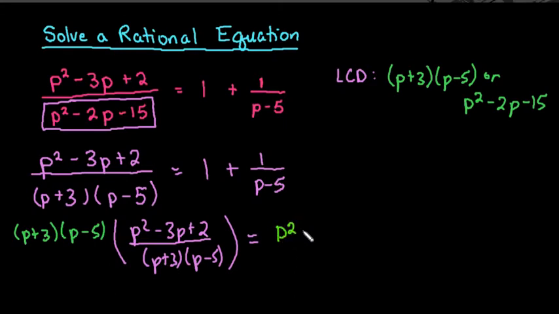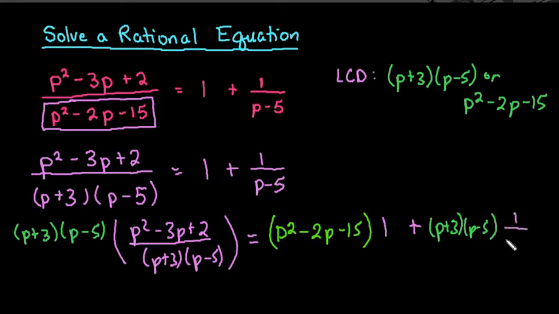Plus, because this one has a denominator, I'm going to go back to the factored form, p plus 3 times p minus 5, and multiply that by the 1 over p minus 5.